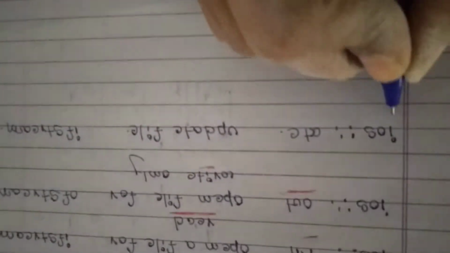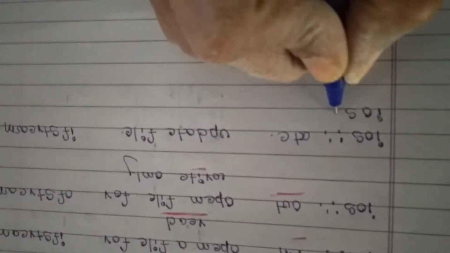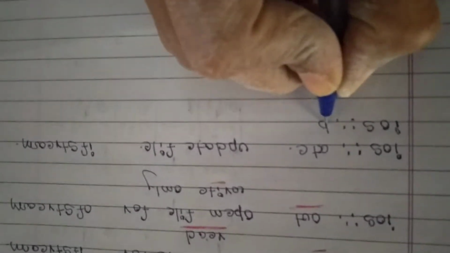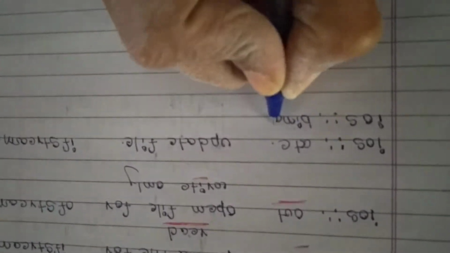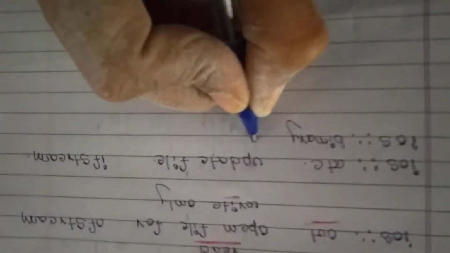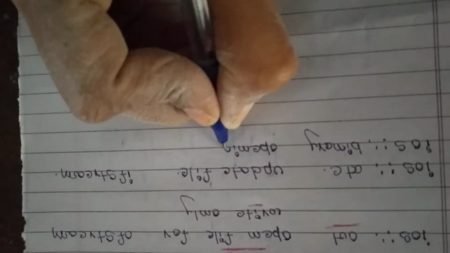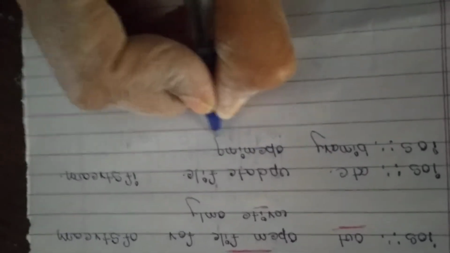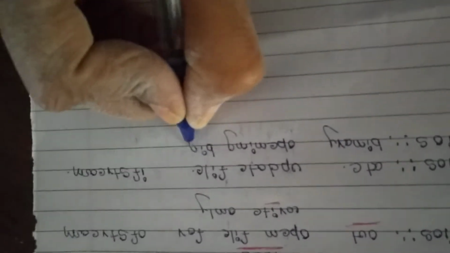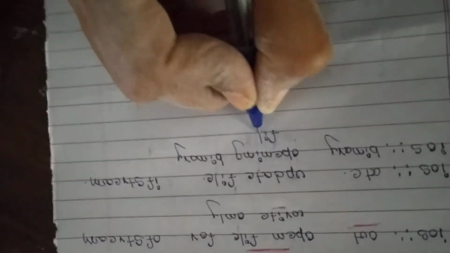Next one is ios::binary. What do you mean by ios::binary? Opening a binary file. So if a file is in ios::binary mode, we are opening a binary file. What is a binary file?